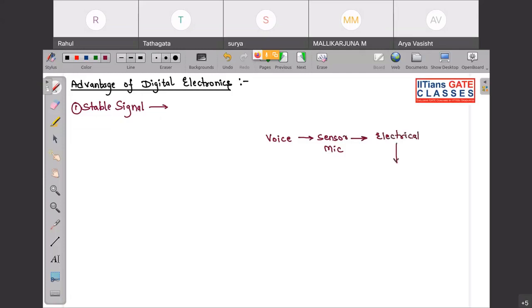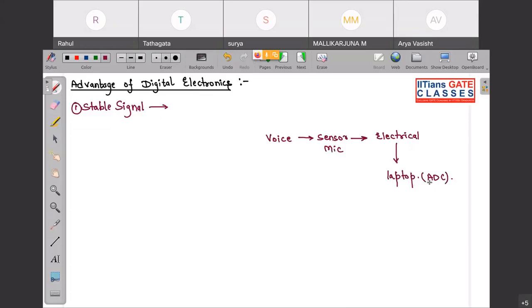This electrical signal goes to the laptop. Now the laptop has an ADC, analog to digital converter. You might argue, sir, whether we have this ADC in the mic also. Yes, you can have the ADC in the mic also, but usually the ADC is in the laptop.